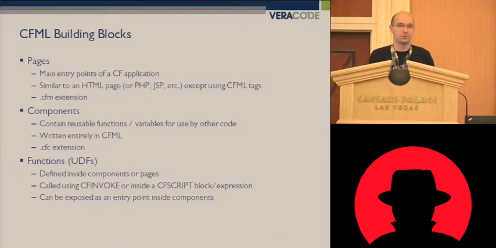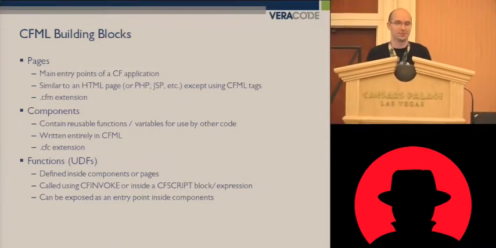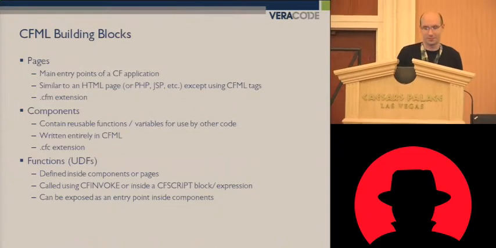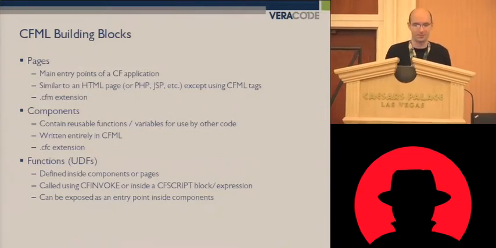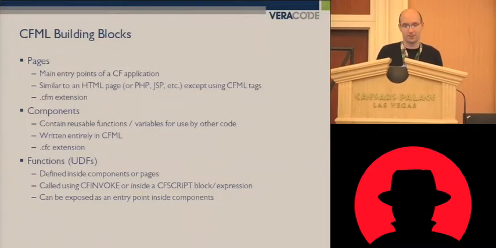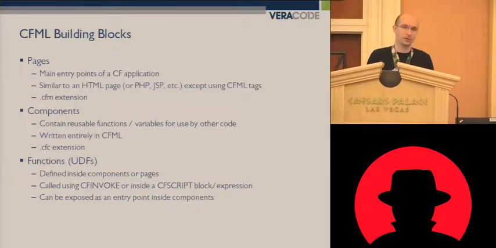So a lot of you, we did a show of hands earlier, a lot of you know a lot of this, so I'll skip through it pretty quickly. But ColdFusion is mostly comprised of pages and components. Both of these are HTML-styled markup files.